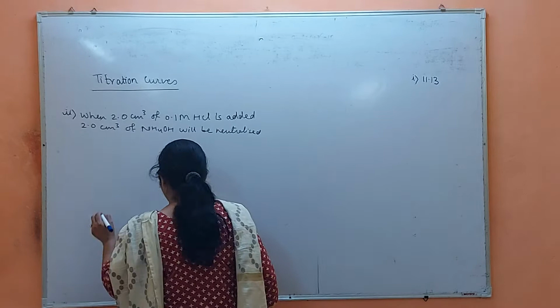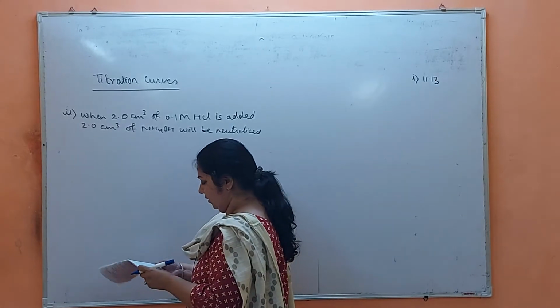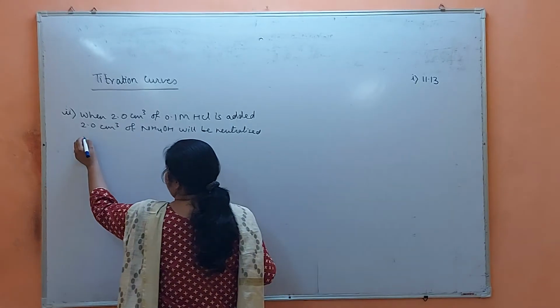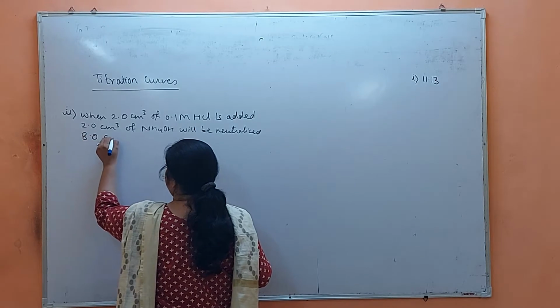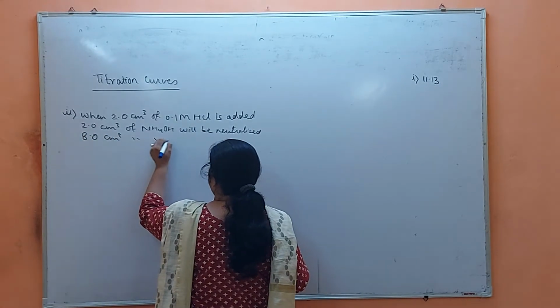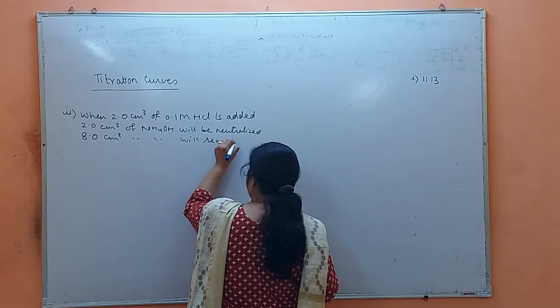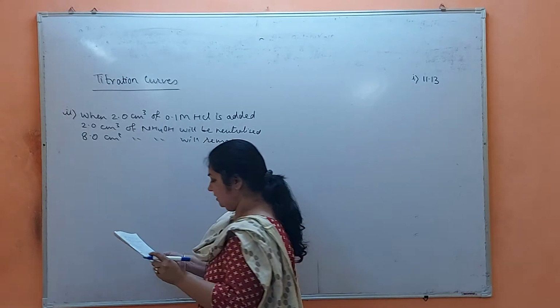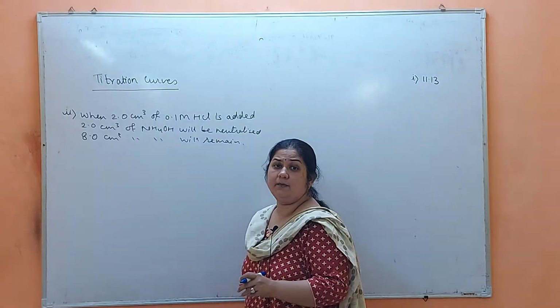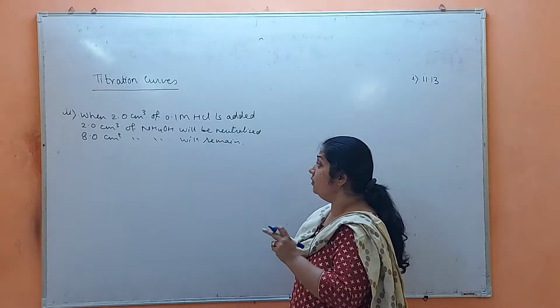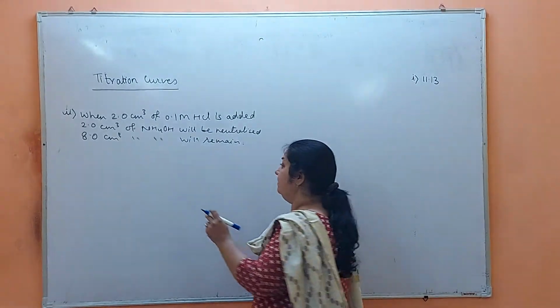So remaining NH4OH will be how much? 8. Alright. Now see, total volume of the solution will be equal to 2 plus 10. So it will be 12.